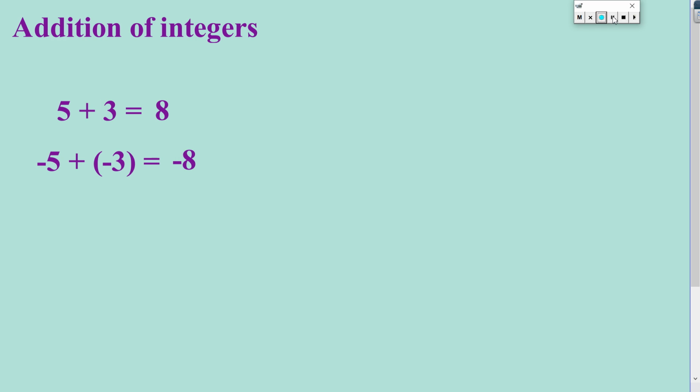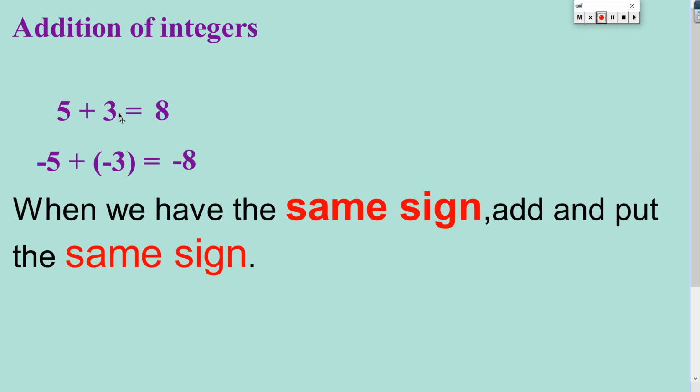It is very simple. When the integers have the same sign, here 5 plus 3, both are positive, so the answer is 8. Here negative 5 plus negative 3, we add the integers 8 and put the same sign. So when we have the same sign, add and put the same sign.